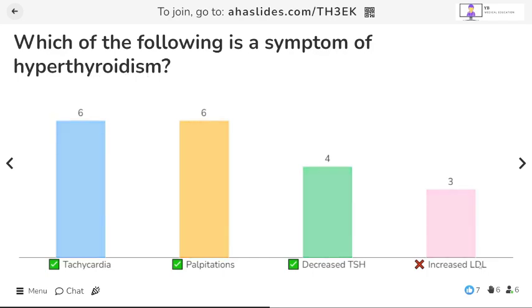So hyperthyroidism leads to decreased LDL, not increased LDL, and basically increases the burning of fat and lipids.